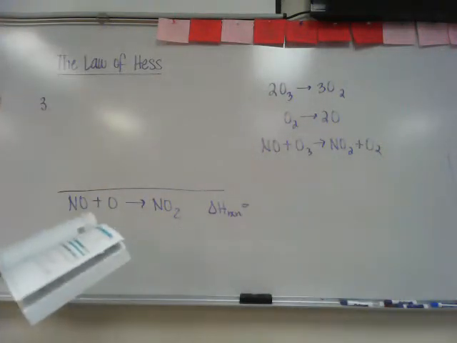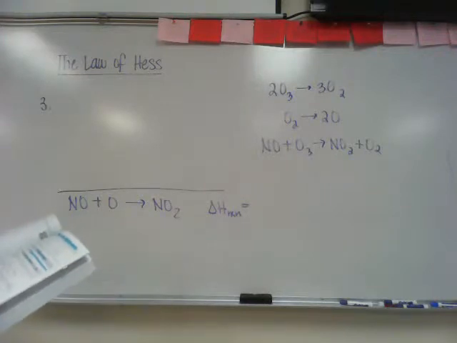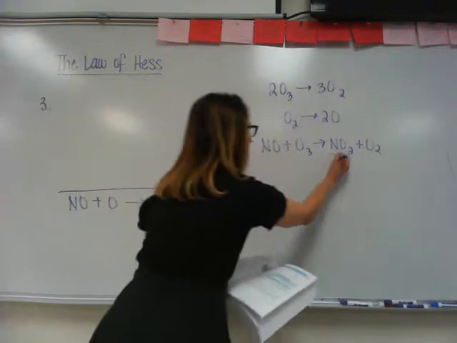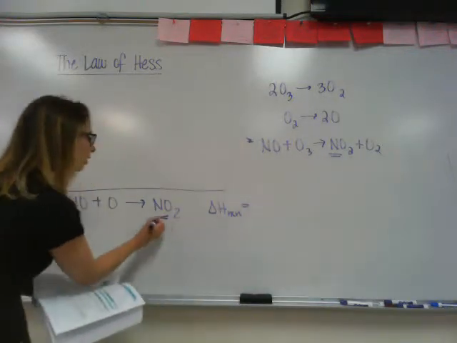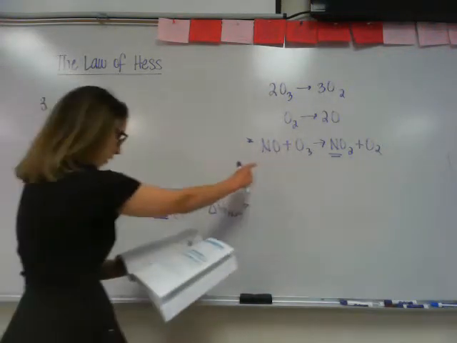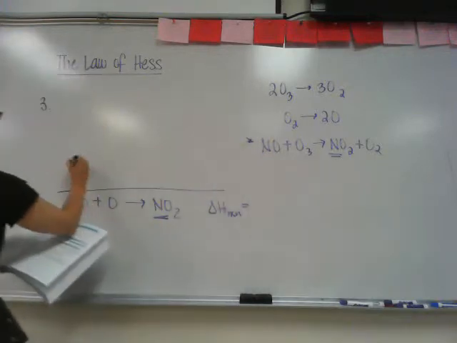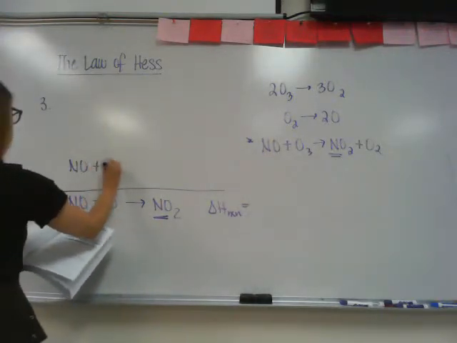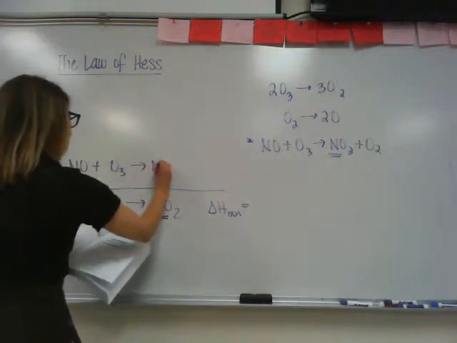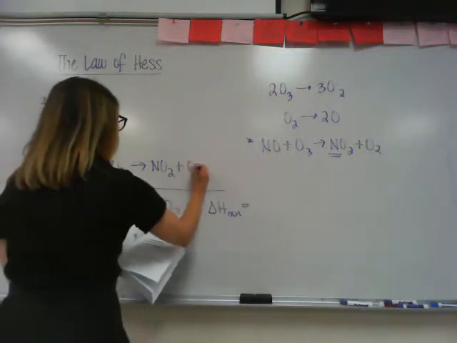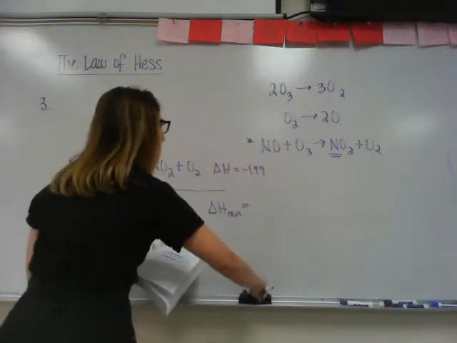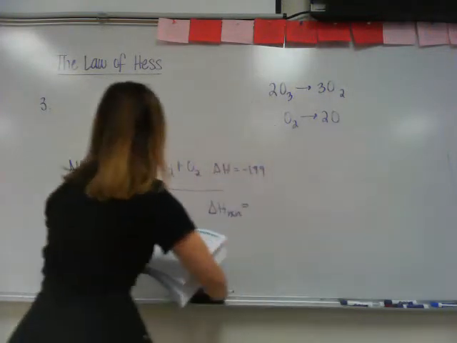Okay, so since we have NO2 in this reaction as a product, and it's a product here, I'm going to go ahead and leave this one alone. So we're done with that one.